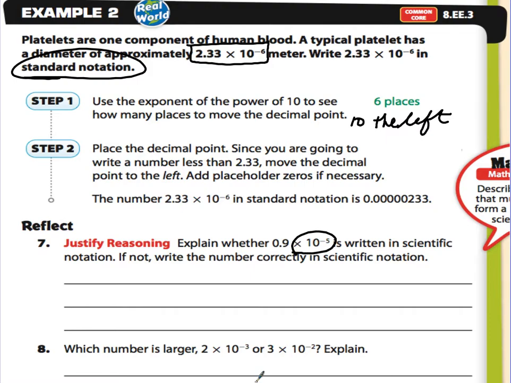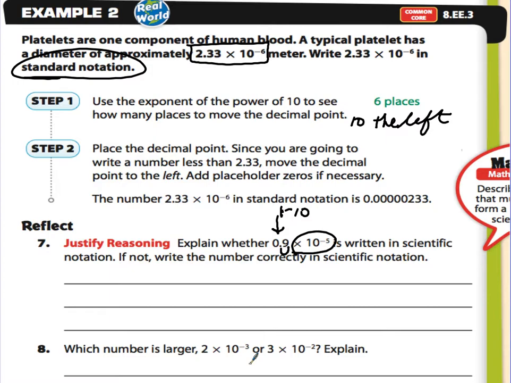However, that first number has to be between 1 and 10. Is 0.9 between 1 and 10? It's not. It's actually smaller than 1, so I have to move that decimal one more time to the right. Since I have to move it one more time to the right, that means my exponent is going to go from a 5 to a 4.